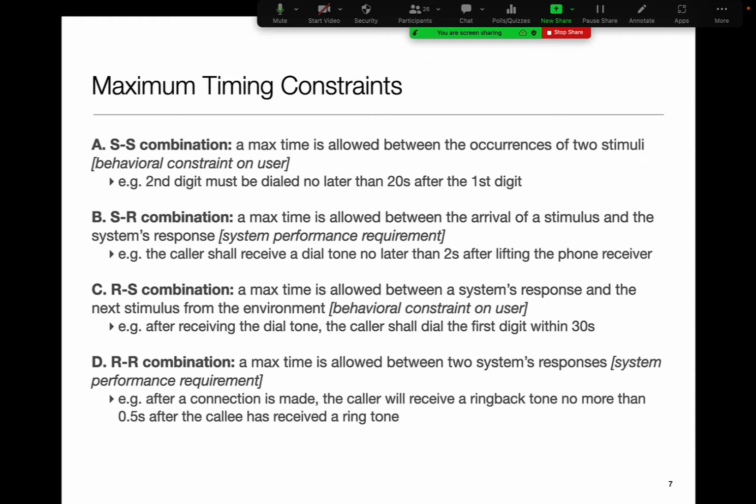And then finally, the response-response case is when the system is supposed to generate two responses, two events, and this is a constraint we are specifying on the distance between those. So for example, after a connection is made, the caller will receive a ringback tone no more than half a second after the callee has received the ringtone. In this case, it is a distributed system, and there are two things happening.